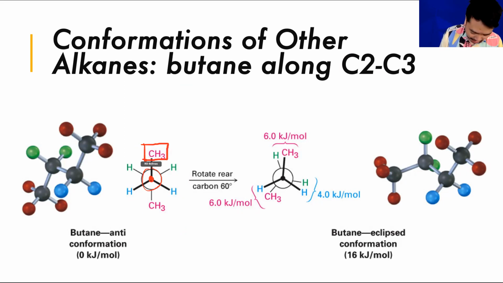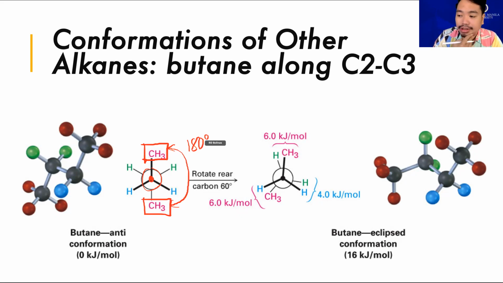The carbon in the back also has this large CH3 group. If you notice, these two key groups on each of the carbons in the front and the back are completely 180 degrees away from each other, in terms of the dihedral angle or the angle in the Newman projection. So the largest groups are the furthest away they could be from each other. This is called your anti-staggered form.